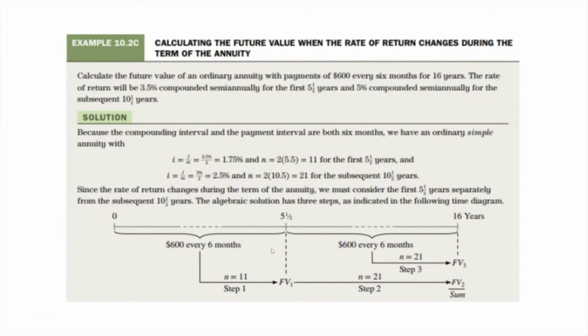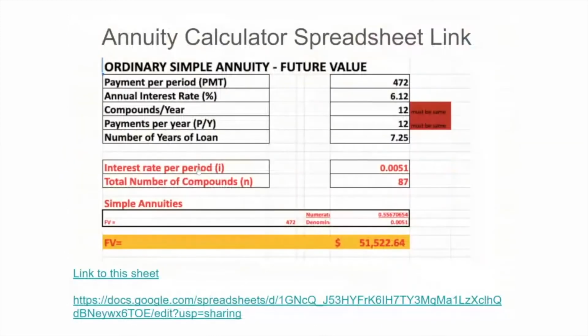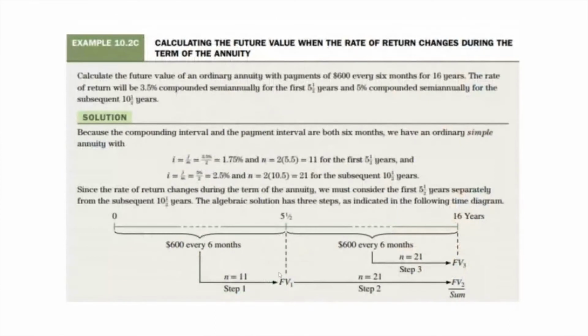We've got to calculate the value to here. So we do that by using this formula. We plug the appropriate numbers in, and we will get a value at this point right here. Then we take that value and apply the next set of information to it.